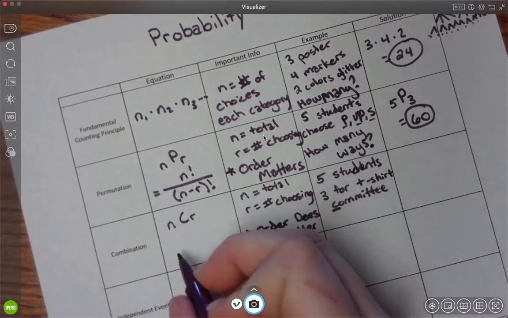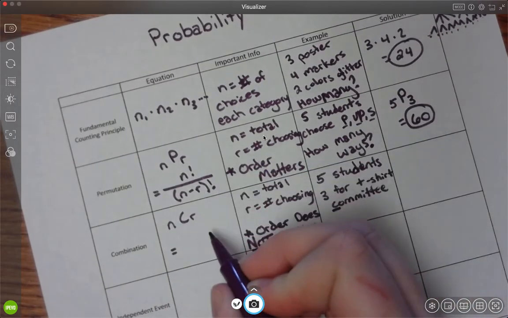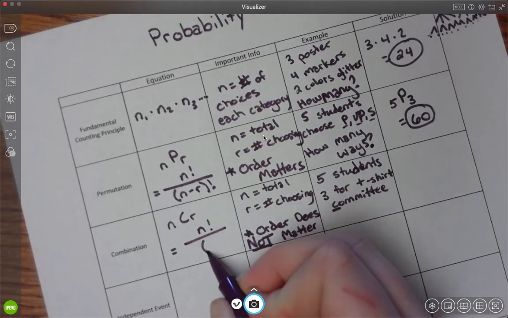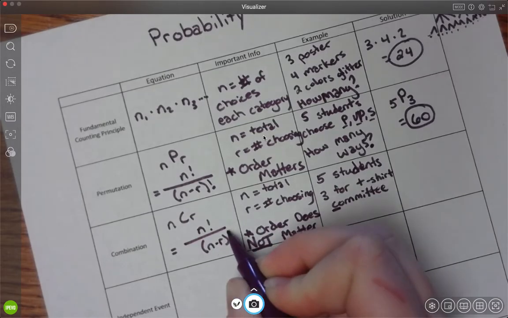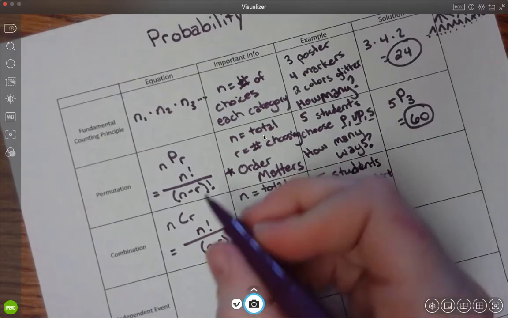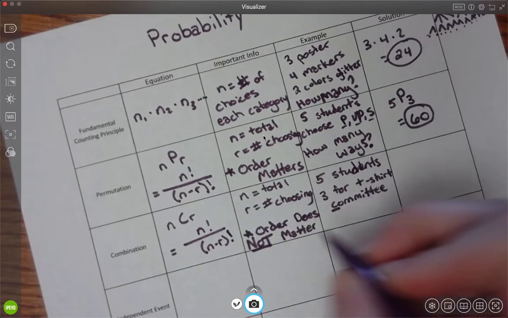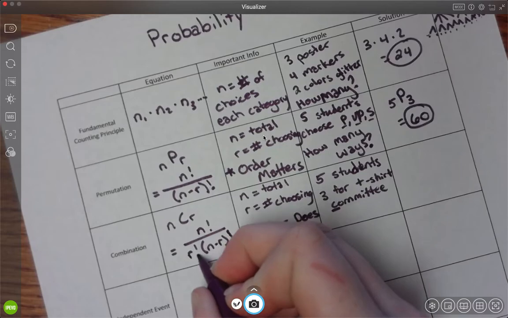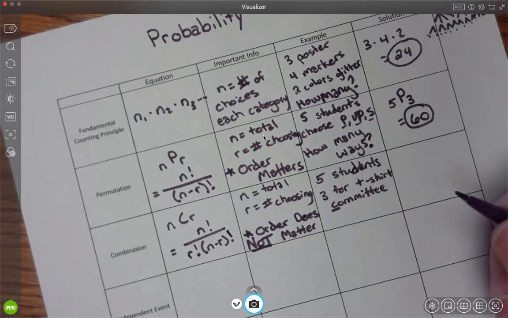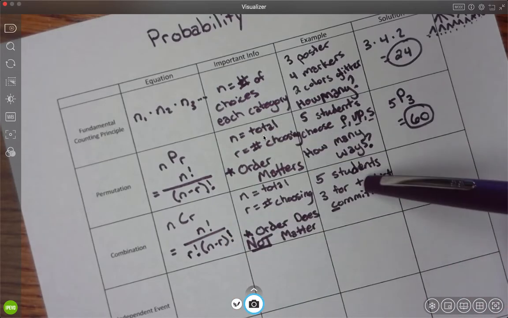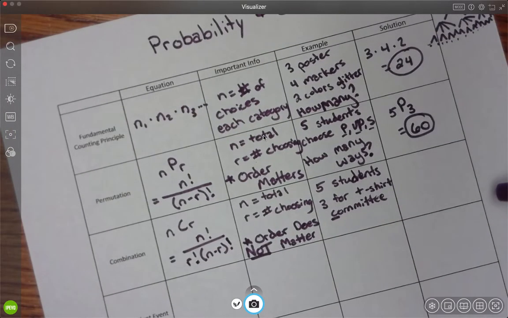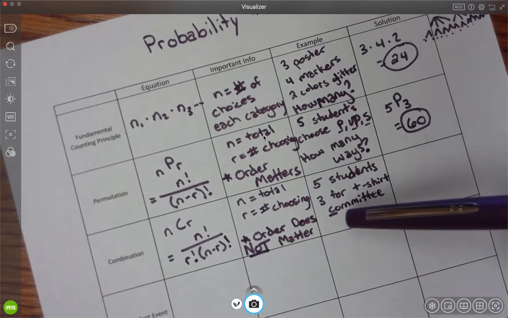And so the formula for this is n factorial over n minus r factorial, the same as permutation, except because the order doesn't matter, I'm going to divide out all of the repeating ones. So basically in this case, choosing Jace, Michaela, Katrina would be the same as choosing Katrina, Michaela, Jace.